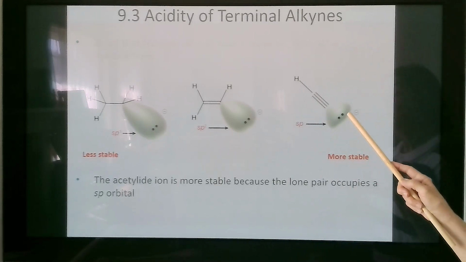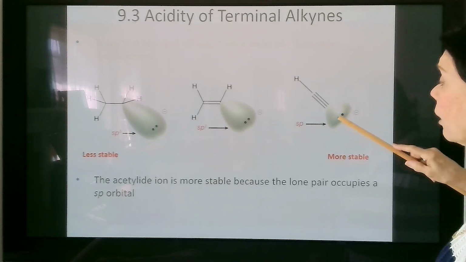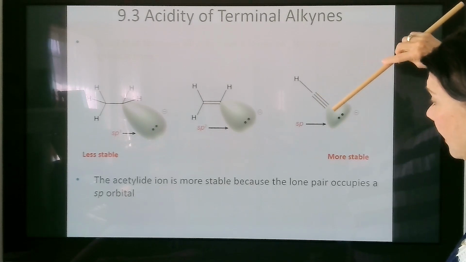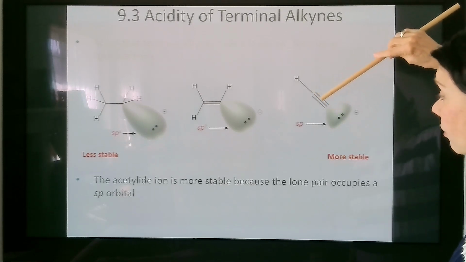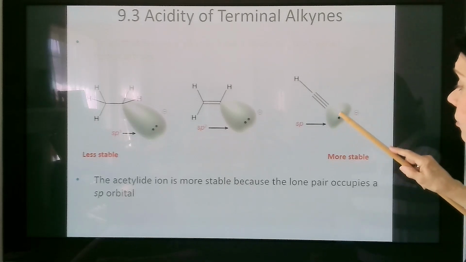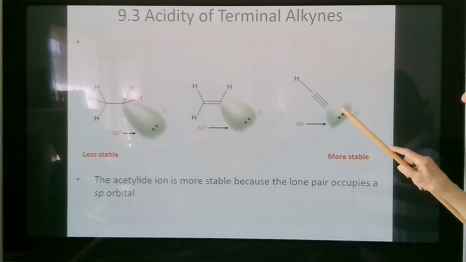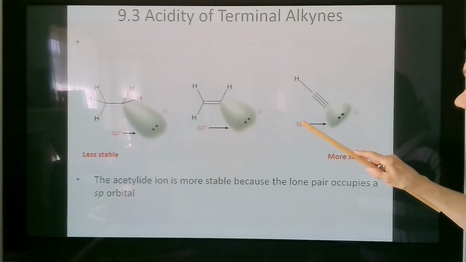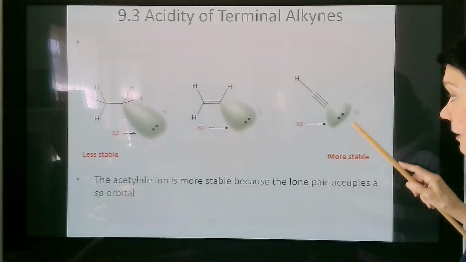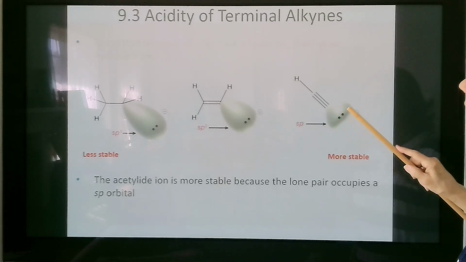And when you move to the pair of electrons residing in the sp hybridized orbital, where this is the ethynyl anion, you can see that this orbital is 50-50 S and P. So this is 50% S character. It's half S character. And remember, the S orbital lies close in to the nucleus. It's rounder.